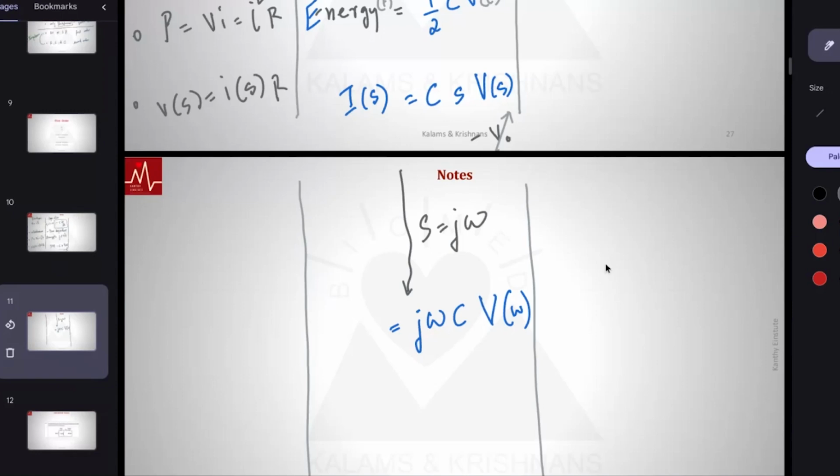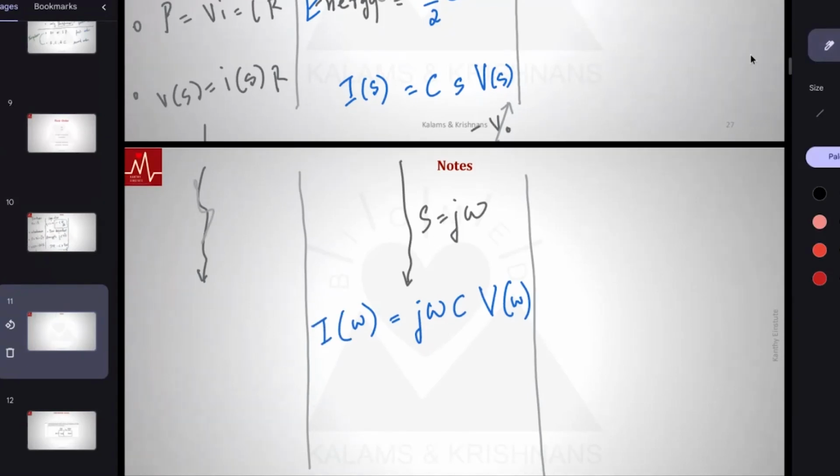You could also do the same thing here. What I have here is I of omega. You could write it as I of j omega, but that's just a notation. Typically, we write this as I, a function of omega. j is a constant, so you don't explicitly write it.